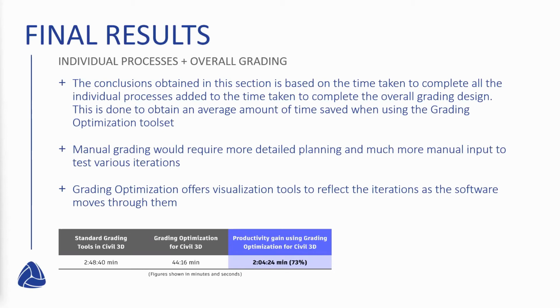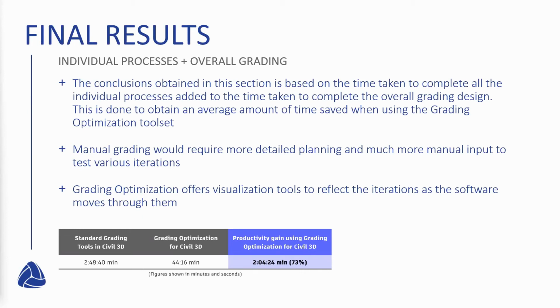So then looking at the standard grading tools inside of Civil 3D, when doing the individual processes as well as the overall grading added together, it took around, in total, 2 hours, 48 minutes, and 40 seconds. But when adding all of those processes together, the time spent in grading with grading optimization for Civil 3D took around 44 minutes and 16 seconds.